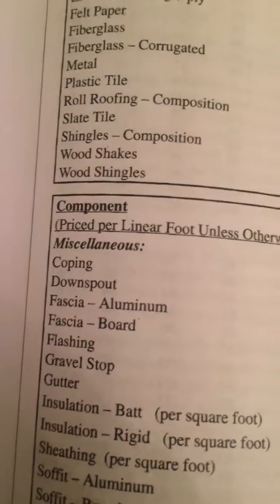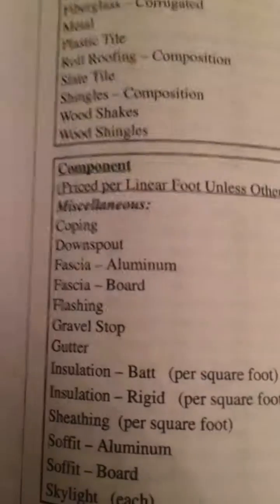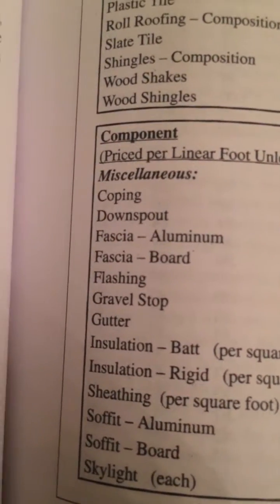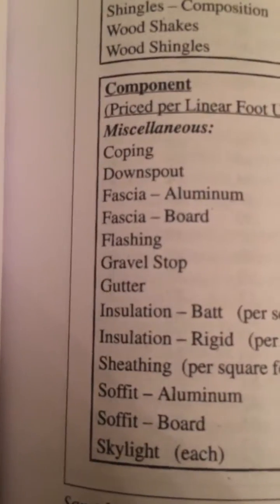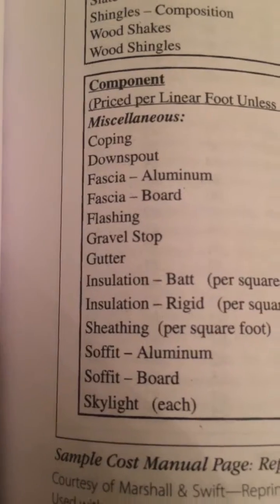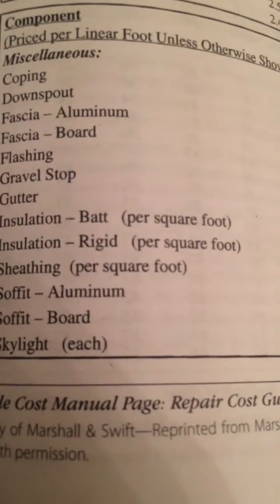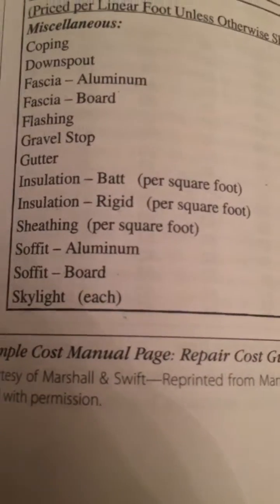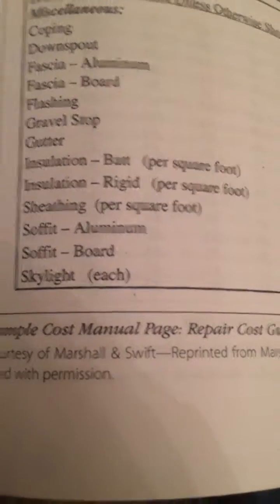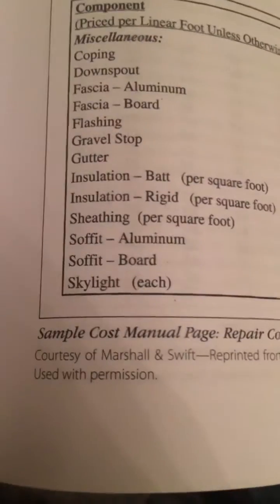Component, price per linear foot unless otherwise shown. Miscellaneous: coping, downspout, fascia aluminum, fascia board, flashing, gravel stop, gutter, insulation batt per square foot, insulation rigid per square foot, sealing per square foot, soffit aluminum, soffit board, skylight $250 each.